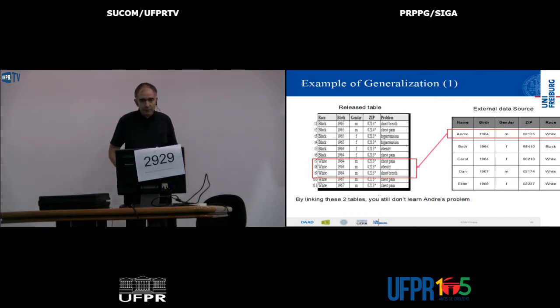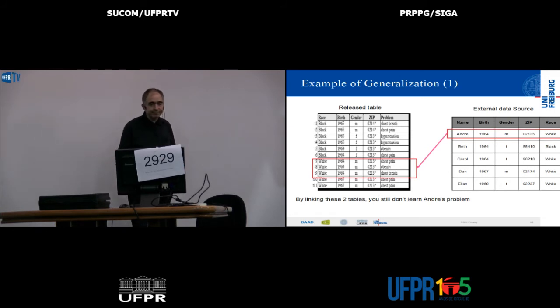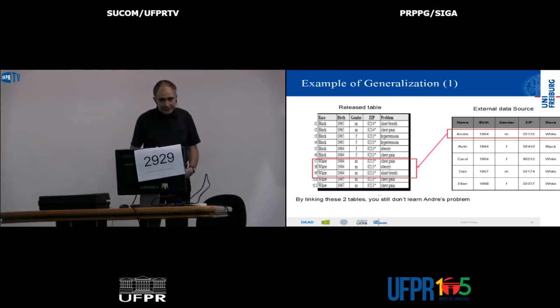So, an example of a generalization. Look at this table again. Okay, resolution. Those were 3 white, born in 64, male, with chest pain, short breath, and so on. And you have the external data source. Great. You think you're safe.